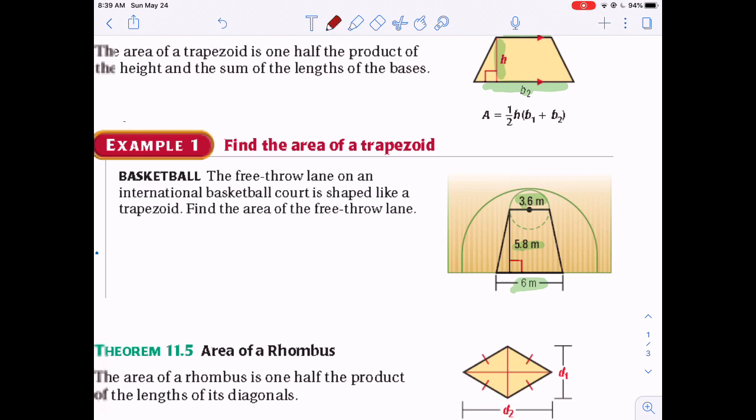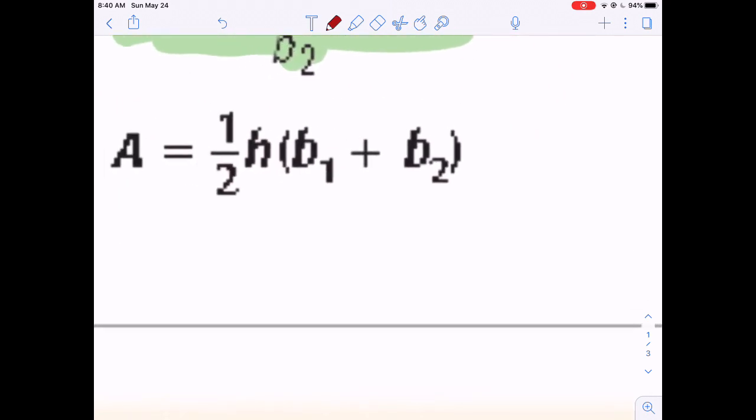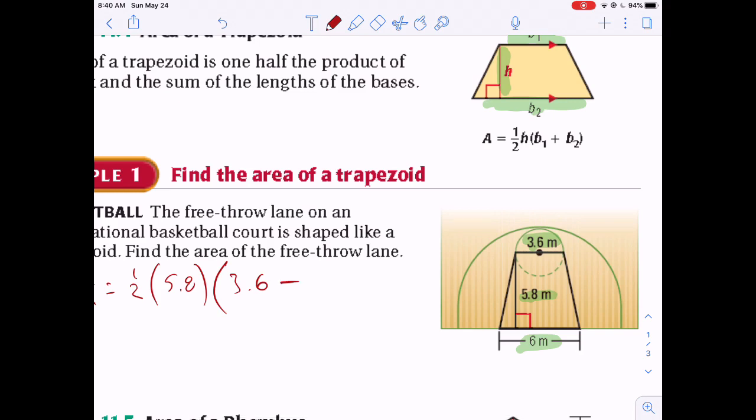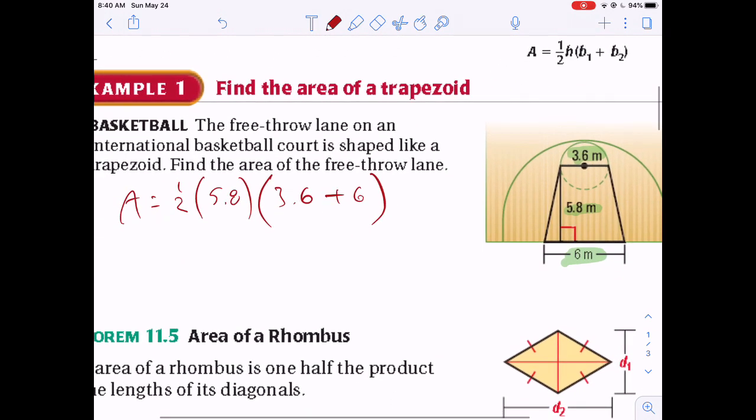So the equation above is A equals 1/2. The height is the 5.8. I'll put in parentheses 5.8. And then the bases are the 3.6. Again, they're added. Again, if you look at the formula, they're adding the two bases. So 3.6 plus the 6. And going forward here, I think 1/2 of 5.8, that's going to be 2.9.